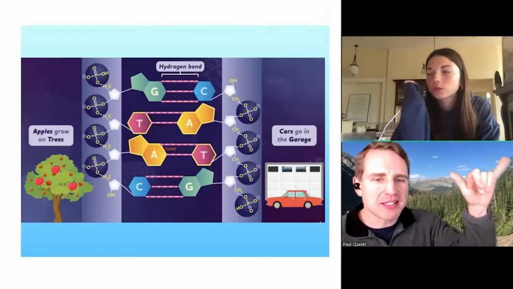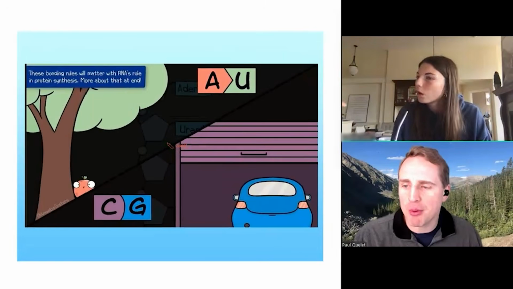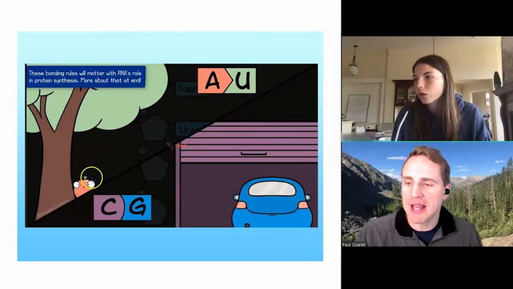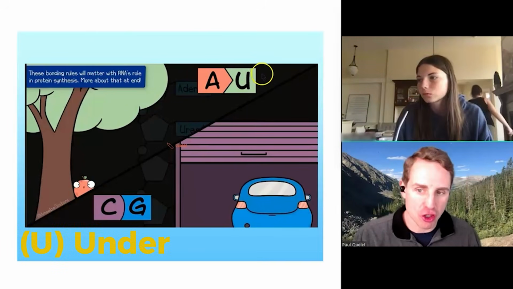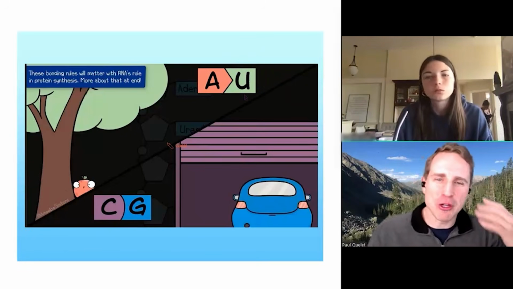Guanine and cytosine, adenine and thymine. The way I want you to remember RNA is that cars are still in the garage, but an apple is under the tree. So A goes with U. Again, I don't know if it helps you, but it helps my brain.